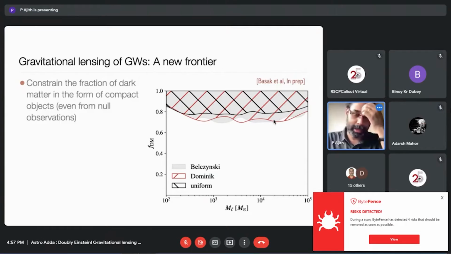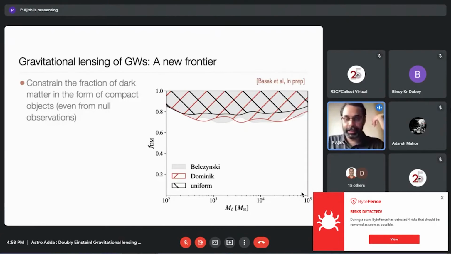This is a paper that appeared on arXiv a couple of months ago. It shows that the non-observation of these lensing signatures in the gravitational waves observed by LIGO and Virgo can be used to rule out that all dark matter in the universe could be in the form of primordial black holes in the mass range of about 100 to 10,000 or 1 lakh solar masses.